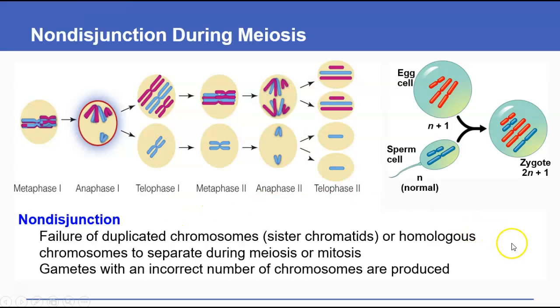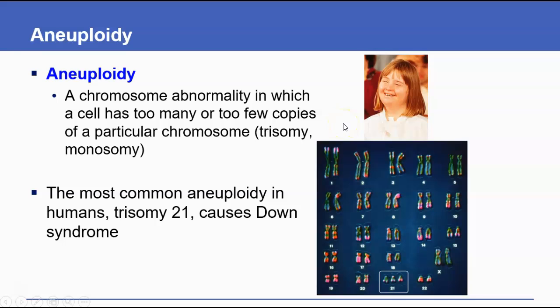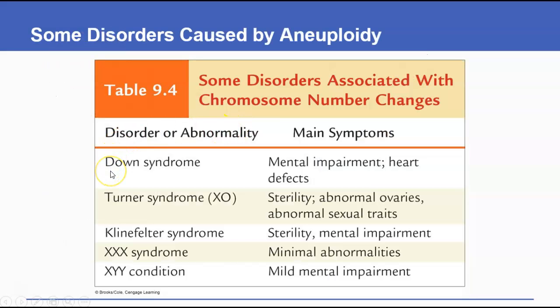So the last part is actually what we had already covered a little bit, but involved non-disjunction, where we talked about in meiosis, that's where the chromosomes don't line up appropriately, and you get some gametes produced that have extra copies of chromosomes. So we saw these examples of aneuploidies, where we saw Down syndrome and some examples of the sex chromosomes being alternate versions.